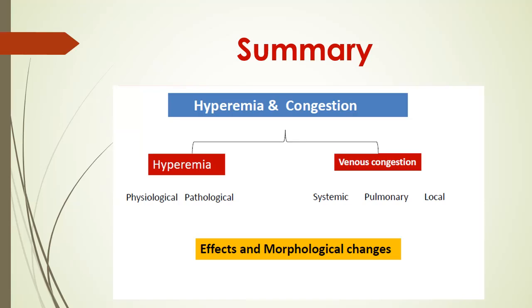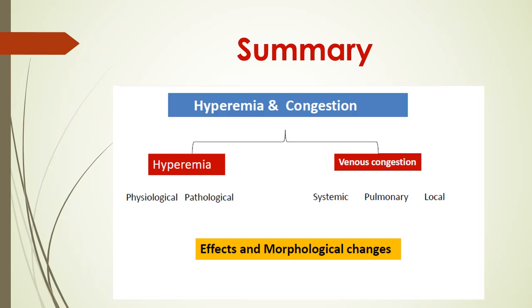And now, by the end of this lecture, we studied today hyperemia and congestion. The terms hyperemia and congestion both indicate a locally increased volume of blood in a particular tissue. We studied that hyperemia is an active process resulting from augmented blood flow due to arteriolar dilatation, and we studied its causes, like physiological, as in skeletal muscle during exercise, or pathological, as at the site of acute inflammation.